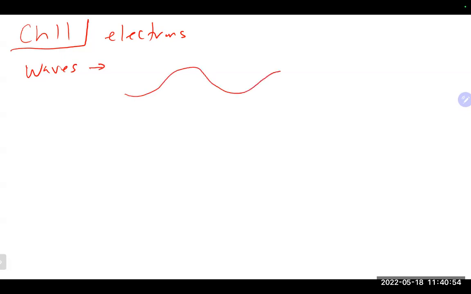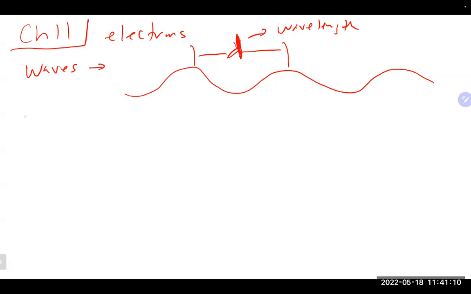So chapter 11, it's really all about electrons. We did open this chapter with the idea of waves and their relationship to energy. A wave obviously looks something like this, where we have what is sometimes referred to as lambda, which is the wavelength.